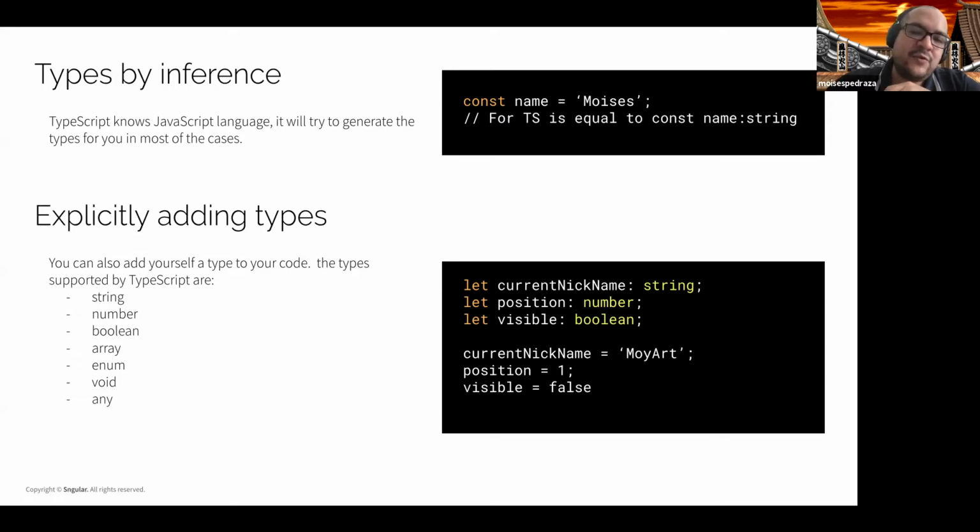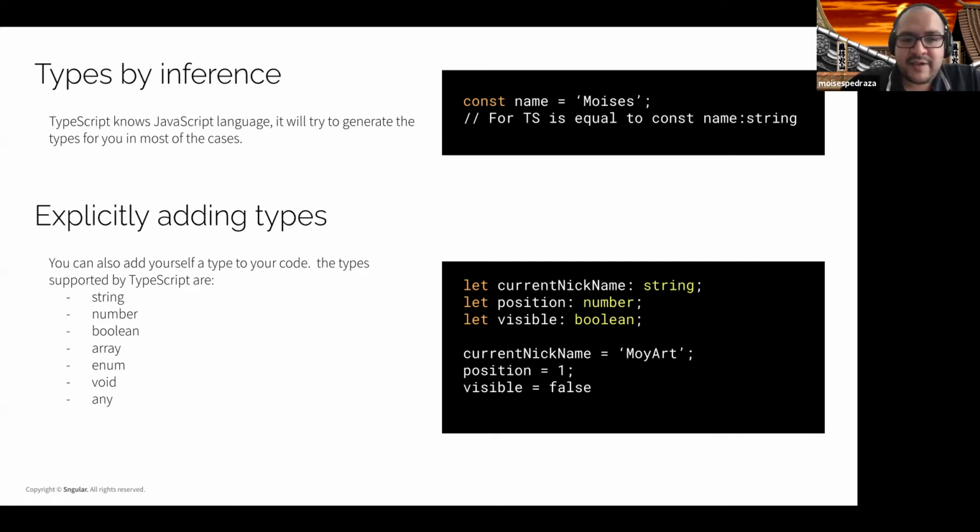If I want to change name for a number, 14, since TypeScript from the first time checked that it was a string, it will throw you an error and it will tell you, hey, this const is a string, don't use a number, and it will not compile until you change it back to an actual string.